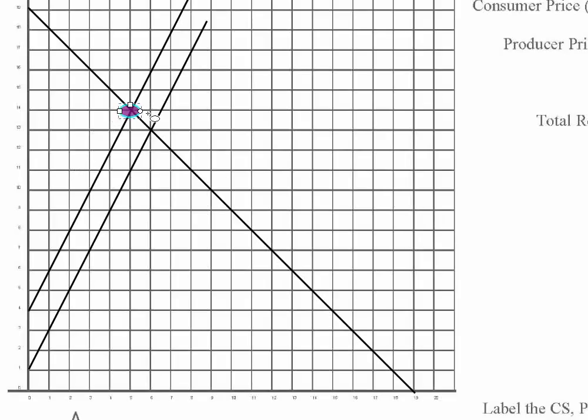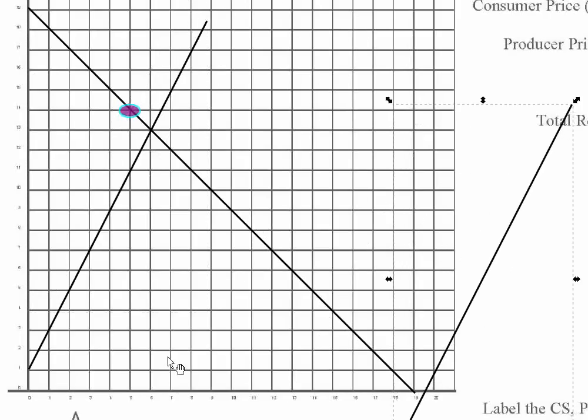Now, once we find that new point, we don't really need that new supply curve anymore. I think it just causes confusion. Let's get rid of it. Let's just slide it over here. What we're looking for is to find out that the new equilibrium price is going to be $14.